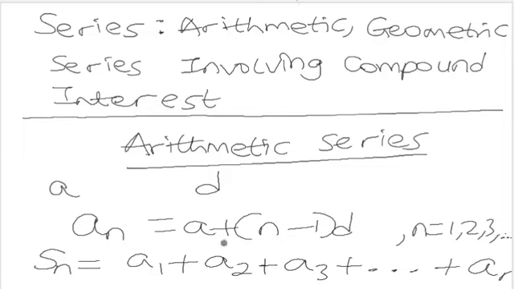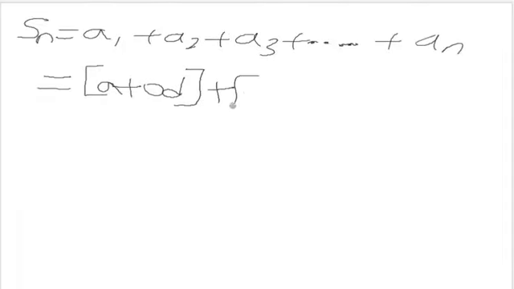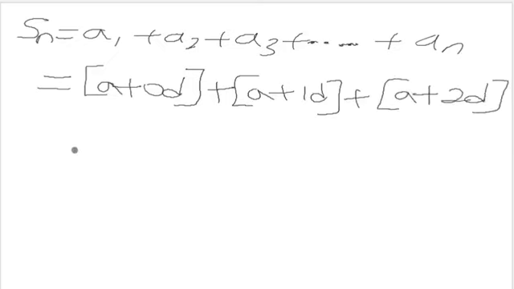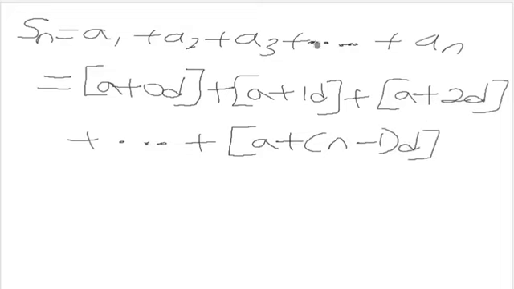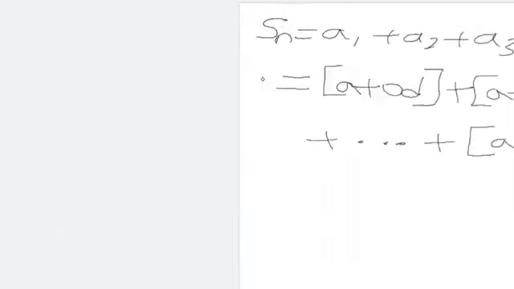A2 will now be A plus (2 minus 1)D, and 2 minus 1 gives you 1, so A2 will be A plus 1D. And then we continue like that. A3 is A plus 2D, and it continues up to AN, which can be written as A plus (N minus 1)D, which we have written here before.